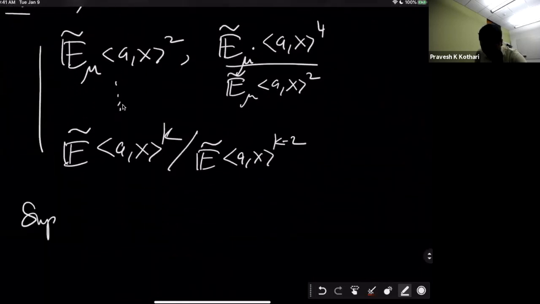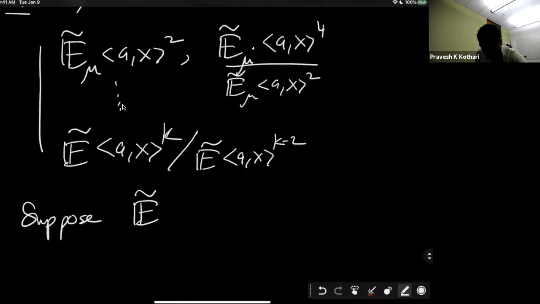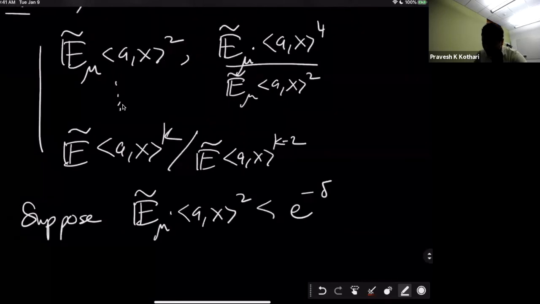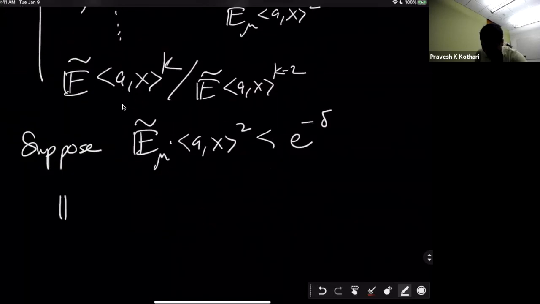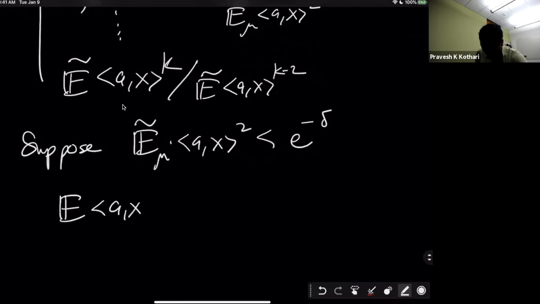Now suppose that without reweighting, the expectation of A(x) squared is at most e to the minus delta. If this is not true, then I'm already done, so I don't need to do any reweighting. So assume that it's smaller than e to the minus delta, which means I'm not done. Now look at these numbers. I know that the pseudo expectation of A(x) to the k is at least e to the minus k delta.